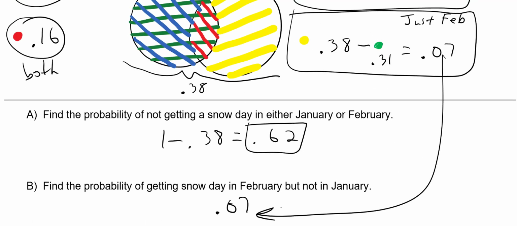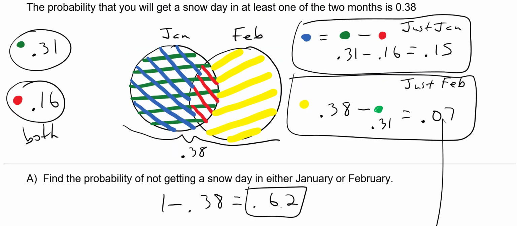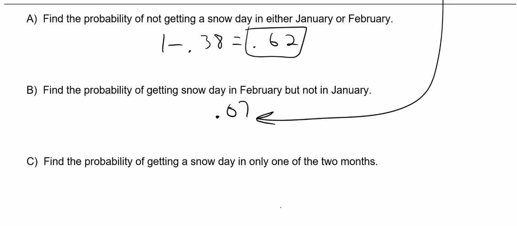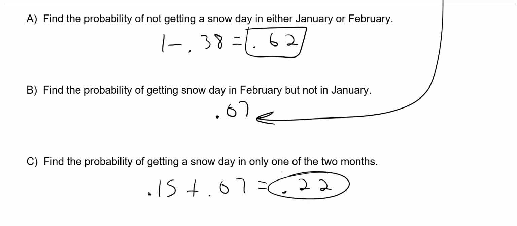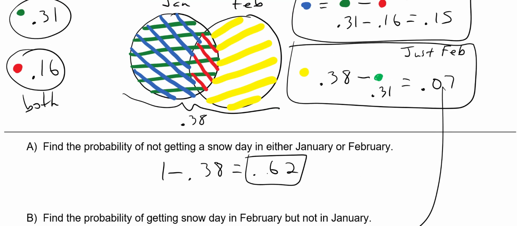Okay, so again, there's two ways to do that. In only one of the 2 months, so not both. So it's either the blue or the yellow, and that's why you just add the blue and the yellow together. So it's 0.15 plus 0.07, which is 0.22. Or you could have said, because remember it says find the probability of getting a snow day in only one of the 2 months, I could say 0.38, which is one or both, so 0.38 minus the red.